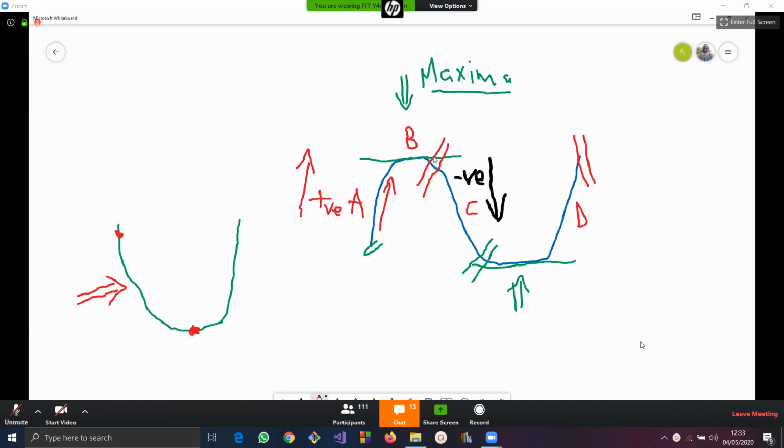If it's zero, I'm flat. If it's negative, I'm going downwards. That's important. Please allow that to sink in. Draw this funny curve and these funny lines and keep them somewhere.